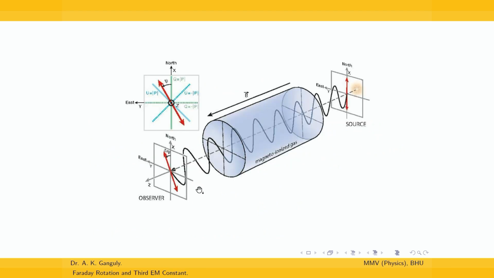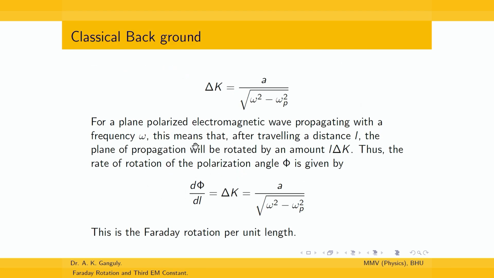The angle of rotation per unit length is provided by the difference between the 2 k vectors, that is, the wave vectors coming from the dispersion relation.